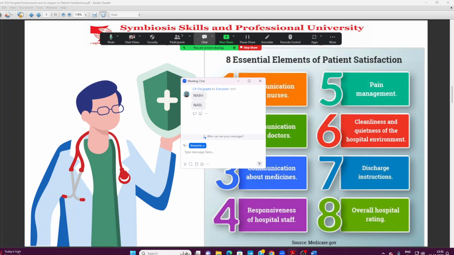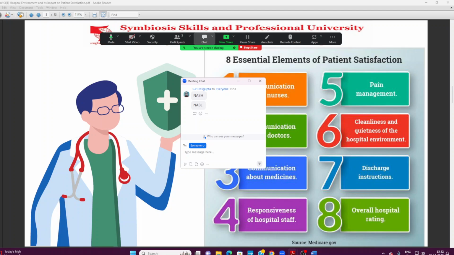These agencies will rank the hospital based on different parameters and key indicators. Probably most of the time it is ranked on these seven things. Eight essential elements, but seven parameters, something similar to NAAC. NAAC also ranks educational institutes on seven parameters.